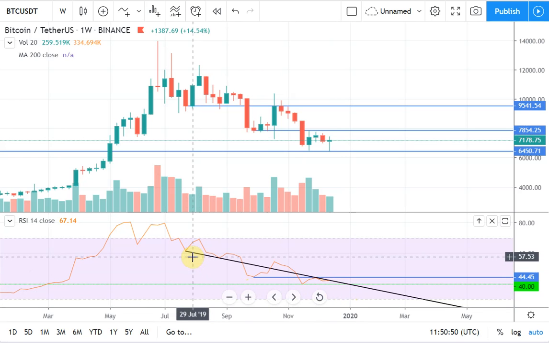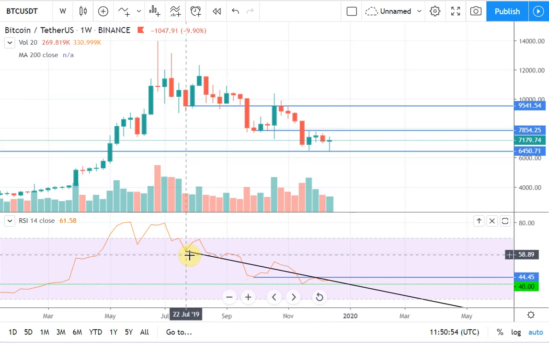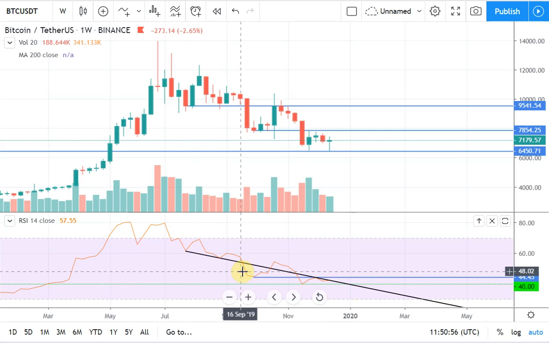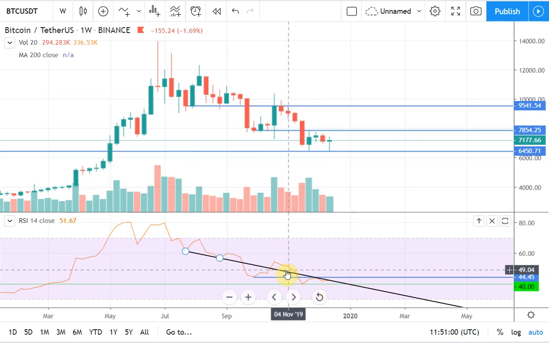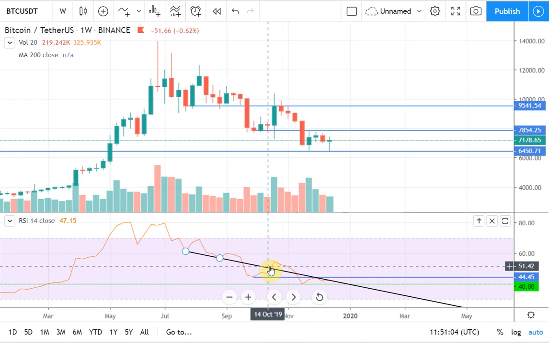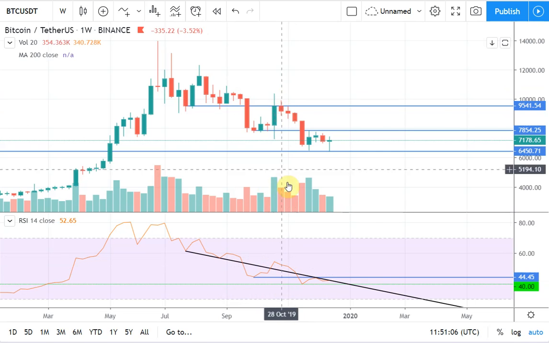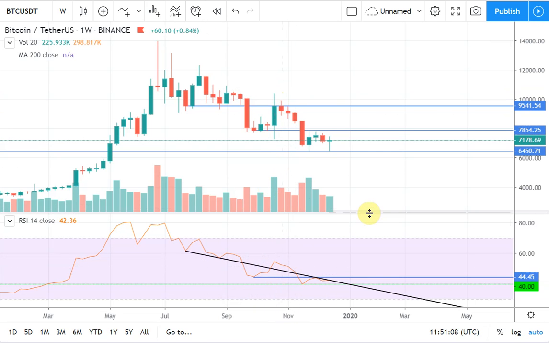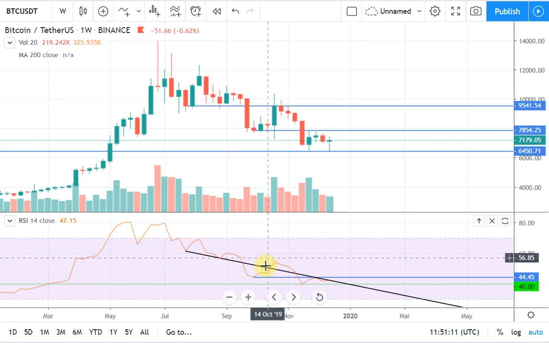So let's look at this bottom line on the RSI. As you can see, it was support, and now it's flipped to resistance. This area here was on the China news, and we had that spike with the price, so I'm not really taking this massively into account.